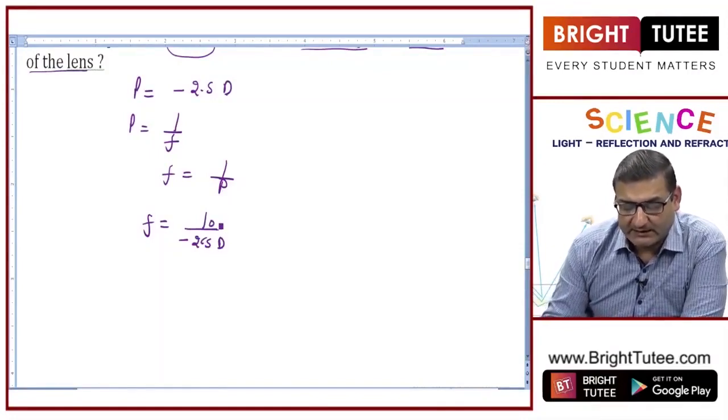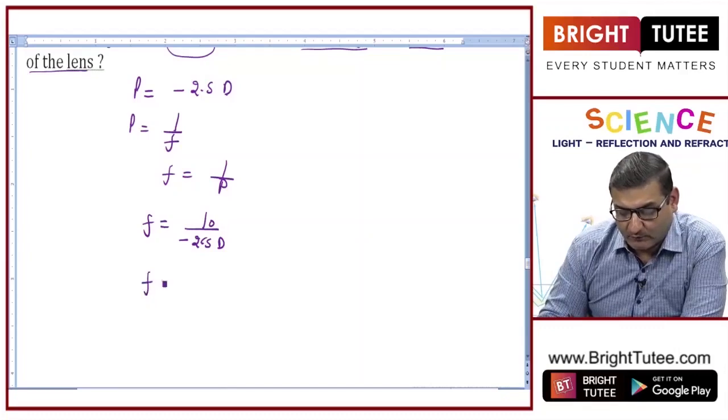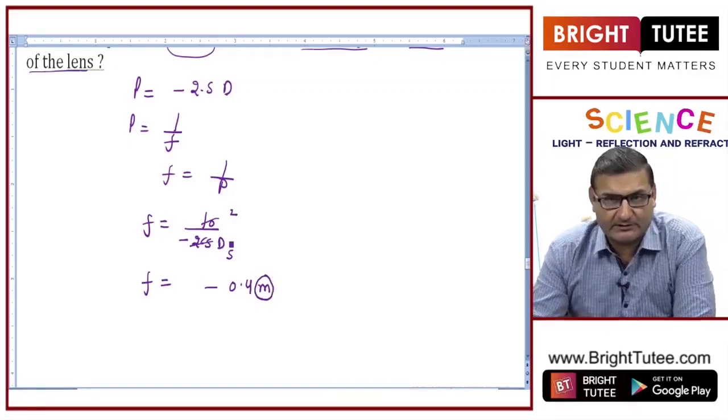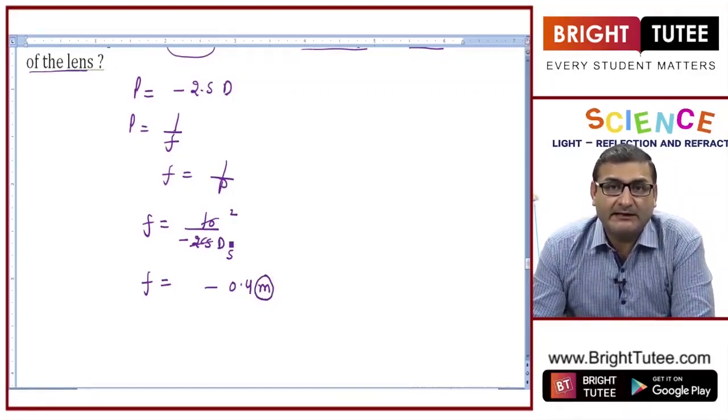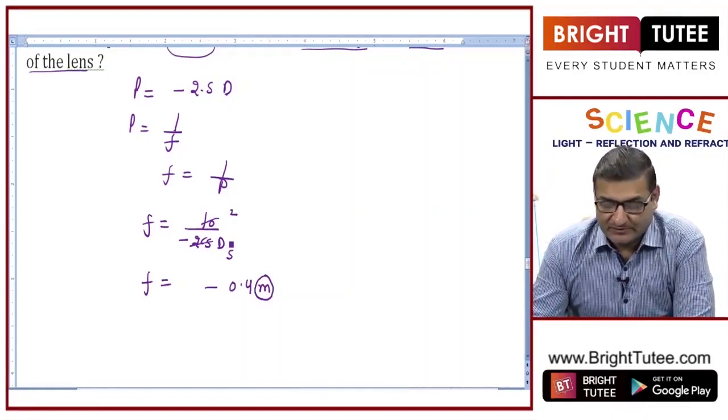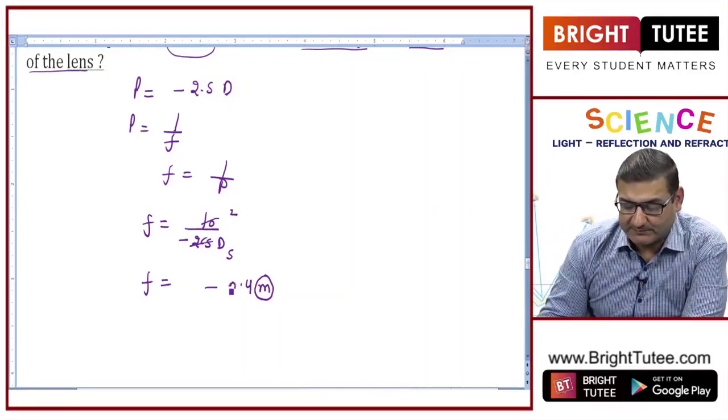Removing this decimal, I will get 10 over here. So, focal length comes out to be 0.4. Now, this is to be remembered that since the power was in diopters, our focal length will come in meters.